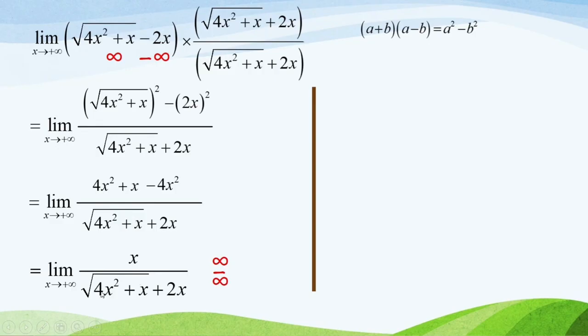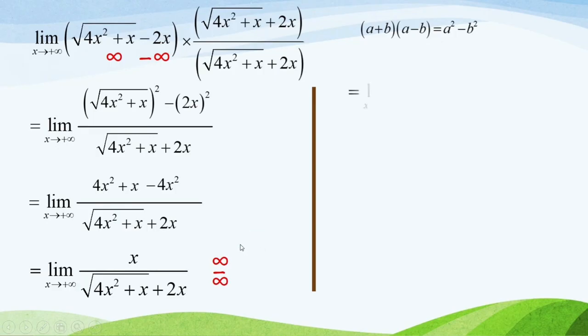Inside the square root, we must divide by x squared, and outside the square root we must divide by x, because x approaches positive infinity.